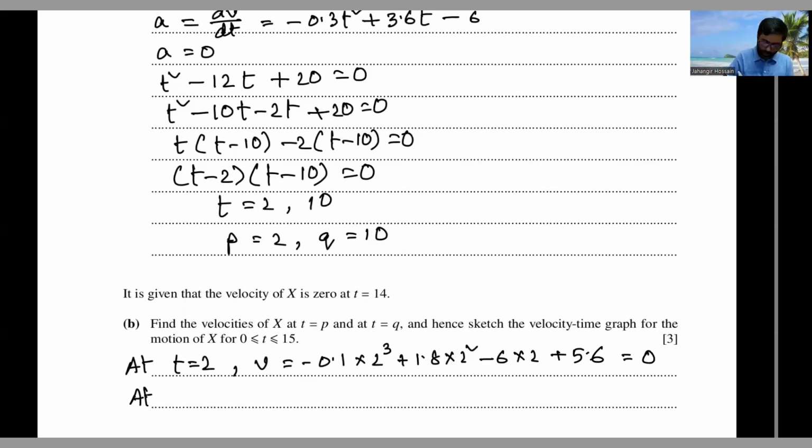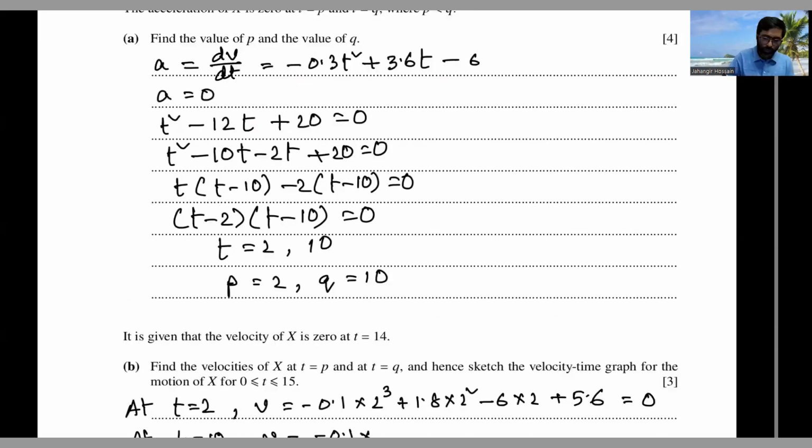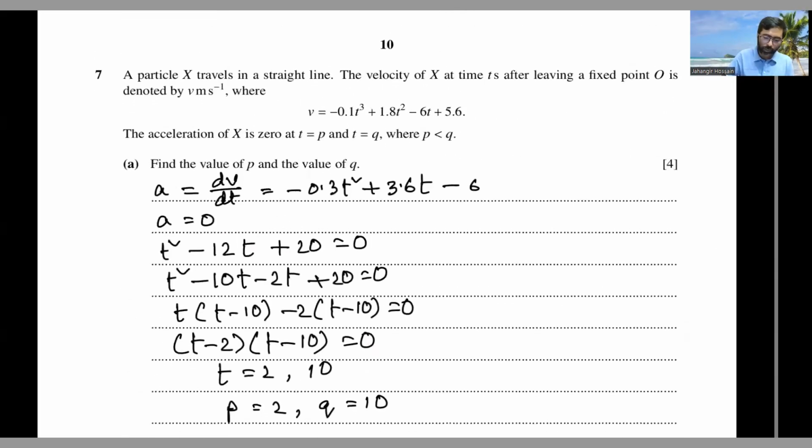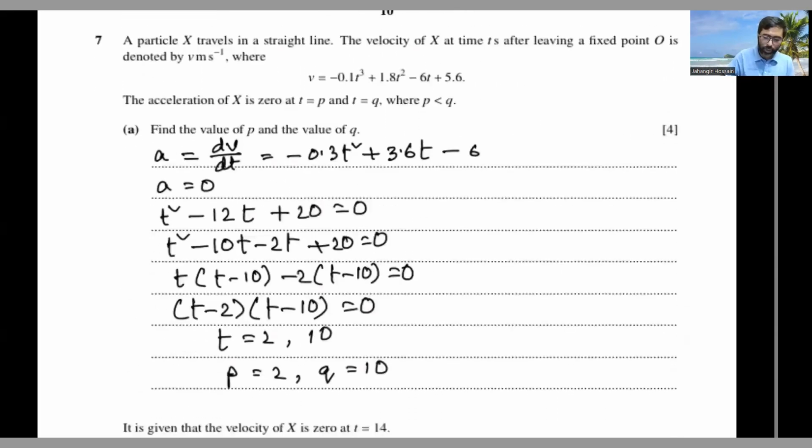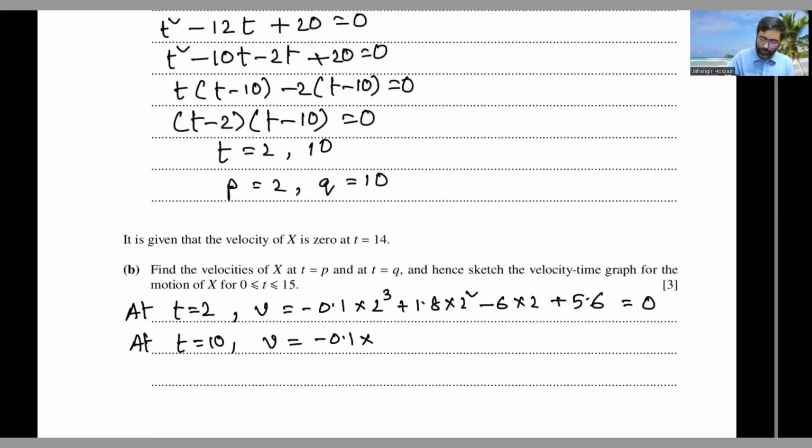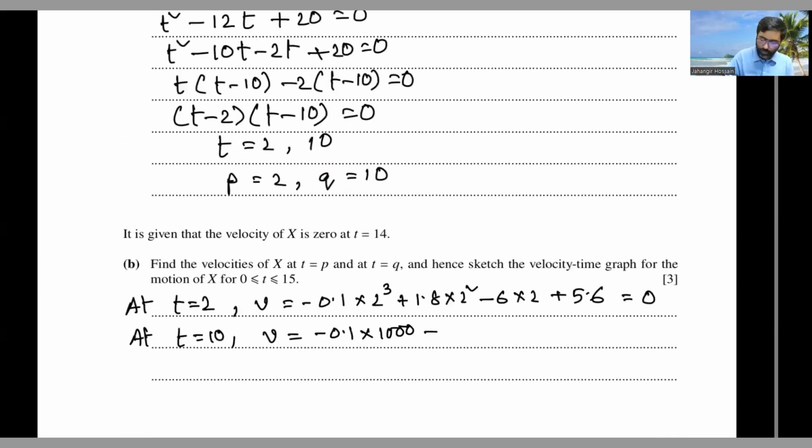Then at t equal to 10, the velocity is minus 0.1 into 10 cubed. Remember, the expression for velocity is this one, right? Minus 0.1 t cubed plus 1.8 t squared minus 6 t plus 5.6, which is equal to 25.6 meters per second.